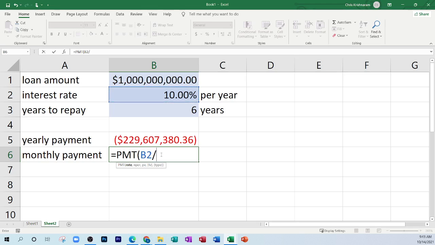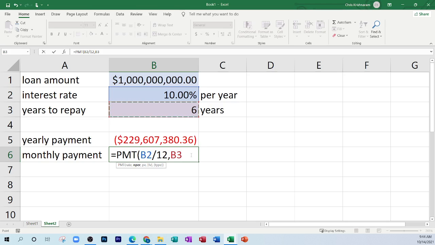So that's going to be /12, because you need to divide that interest rate by 12 to get it for the months. Then we put our comma. So this entire part here is now our interest rate. Now the next part is the amount of years. So that's going to be B3. What should I put next?